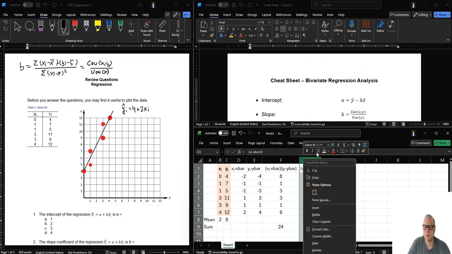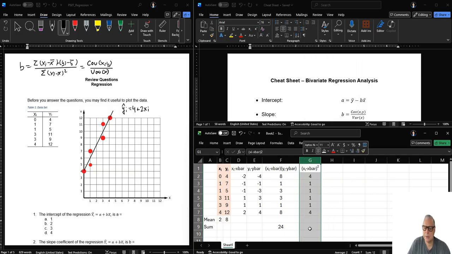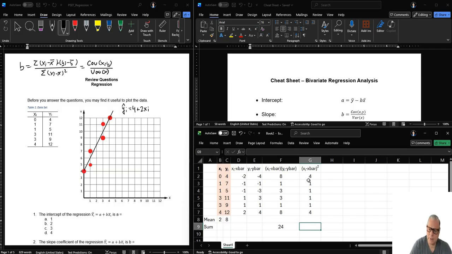And let's also sum that up. So that is 4, 5, 6, 7, 8, 12. So the sum equals indeed 12. So now we have that the covariance is 24, the variance is 12, and that gives us indeed a slope of 2.